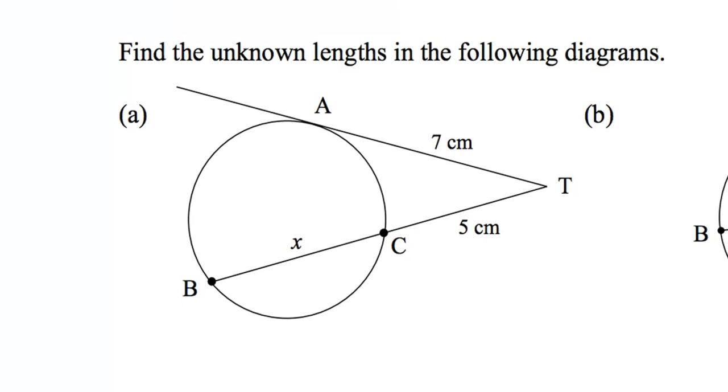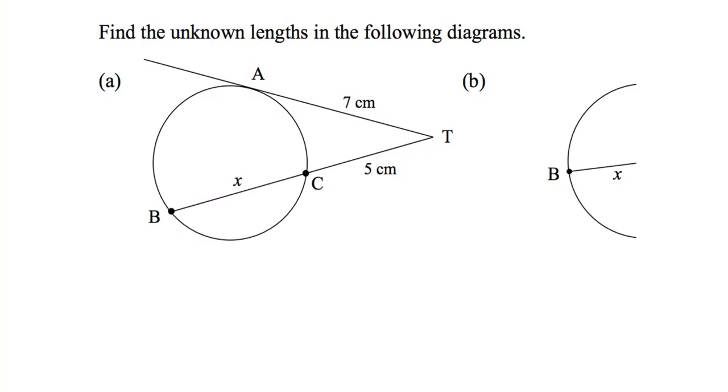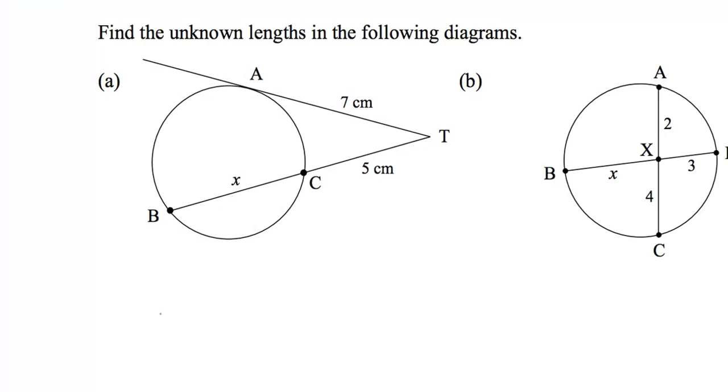So let's take a look first at this part here, A. What is that going to tell us? Well, in exactly the same terms as that rule, what we're saying is that A to T squared is going to be the same as T to C multiplied by B to C. So let's just work that out.